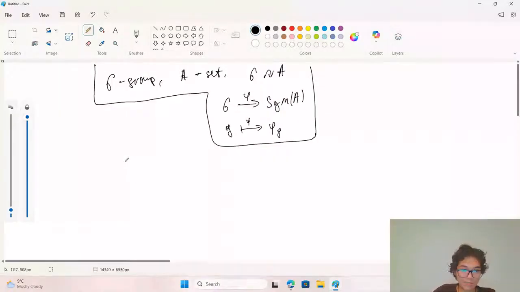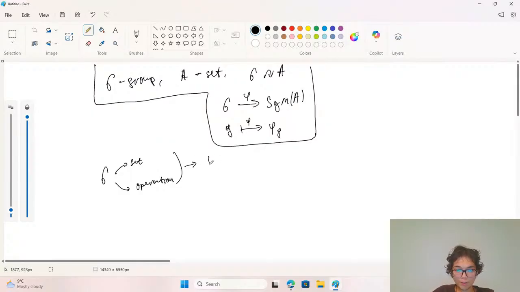Group structure: G consists of a set and an operation. And to put them together, we define a set of rules: closure, associativity, and what else?